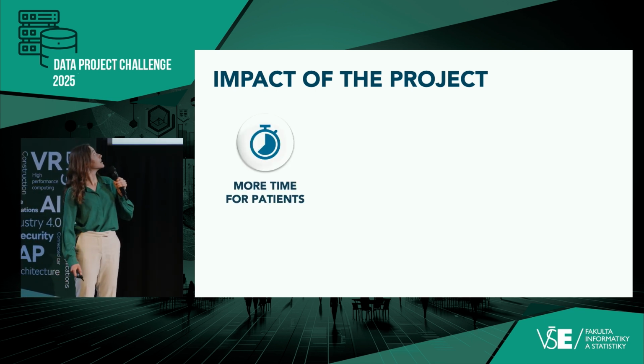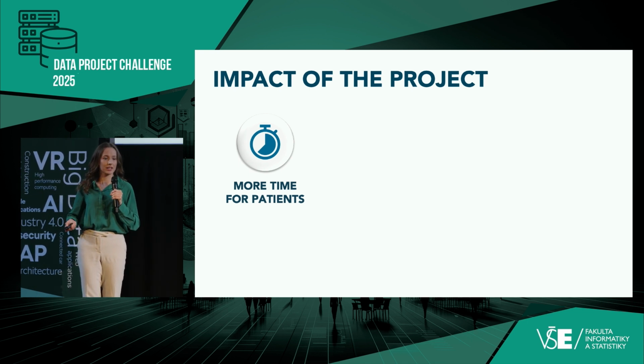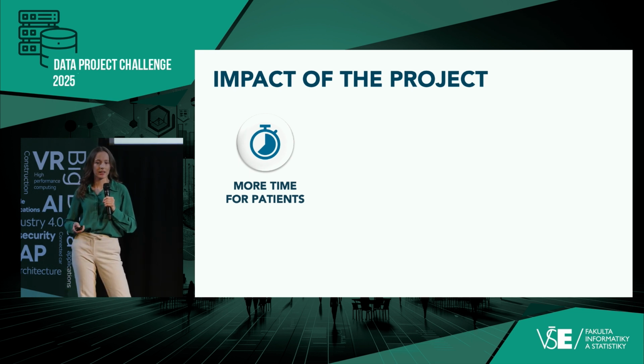So firstly, with the automated reporting of the occupancy of the beds, the heads of the departments save time for the patients and for the strategic planning. In total, they saved 160 working days every year.